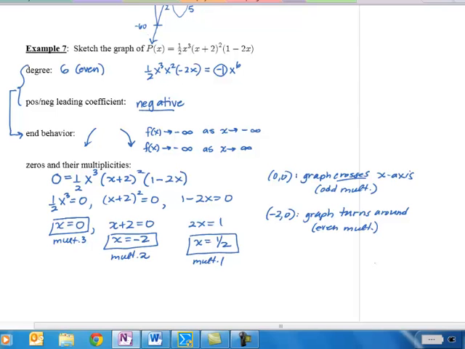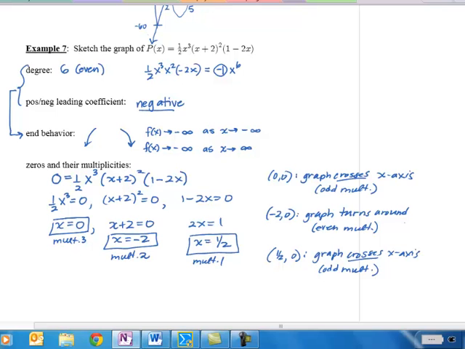So again, remember the multiplicity is just tied to that exponent. That's all we're looking at, not the value of the x-intercept. And then finally at the x-intercept 1/2, 0, because that factor had exponent 1, we will have the graph crossing the x-axis again.